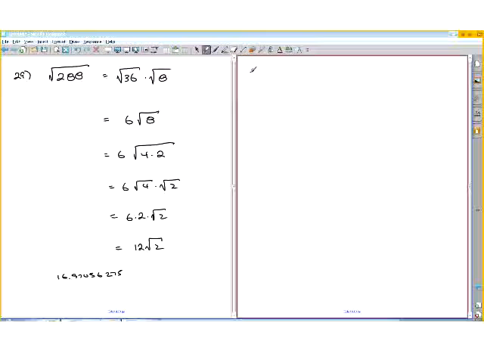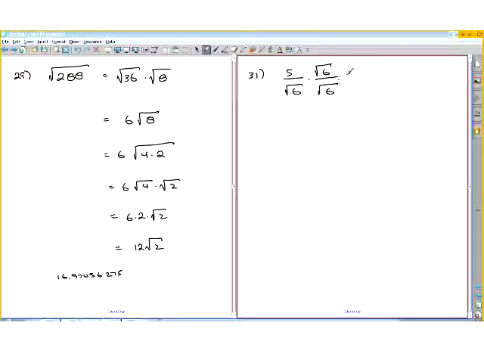Okay, now let's look at 31. This is not in simplified form because you have a square root in the denominator. So the way you get rid of that is you multiply by the square root of 6 in the numerator, and divide by the square root of 6 in the denominator.